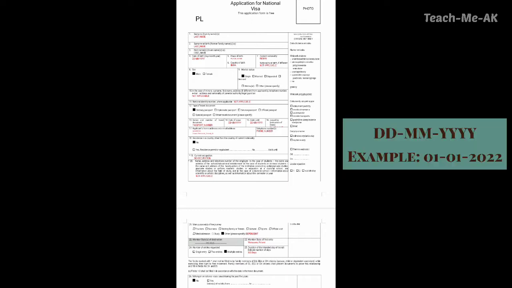Going to the fourth question, date of birth, enter the date of birth of your dependent minor in the form of dd-mm-YYYY. And going to the fifth question, which is place of birth, enter the place of birth as mentioned in the passport. And going to the sixth question, country of birth, mention India.